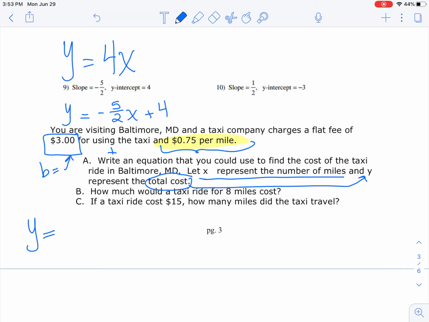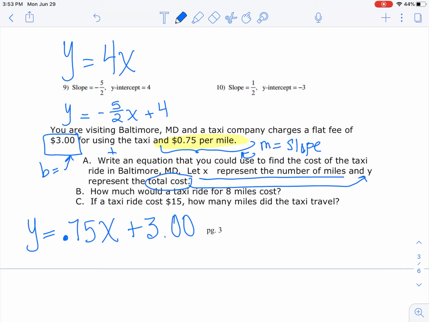This is going to be your m, your slope. So we can go ahead and write that. So we're going to get charged 75 cents per mile plus the $3 fee for just hailing it down.